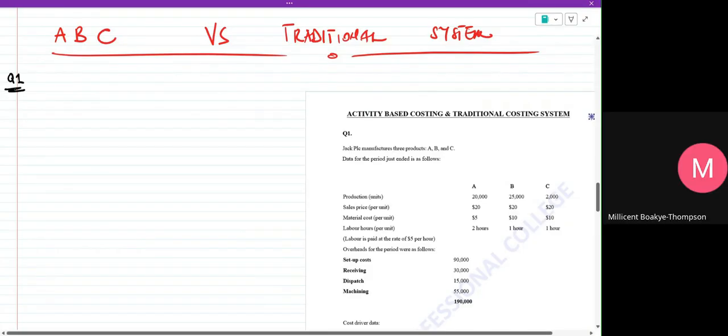Jack PLC manufactures three products, A, B, and C. Data for the period just ended is as follows.